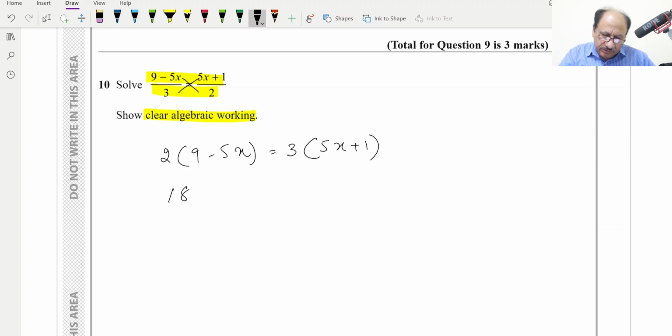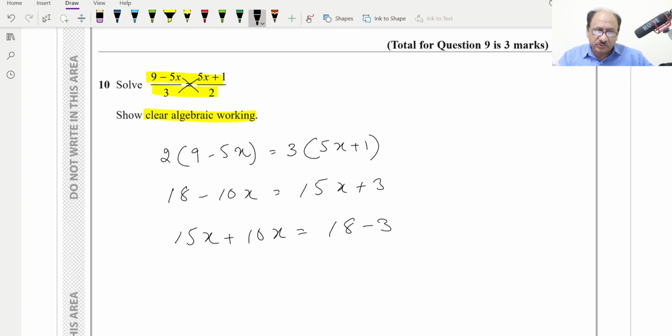Now 18 minus 10x is equal to 15x plus 3, and we can shift everything to this side. X basically we will be shifting to the side, so 15x plus 10x is equal to 18 minus 3, adding like terms you can say.